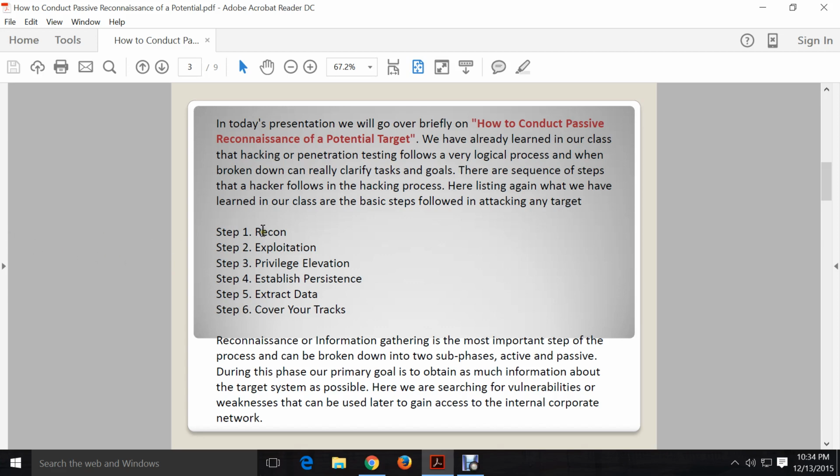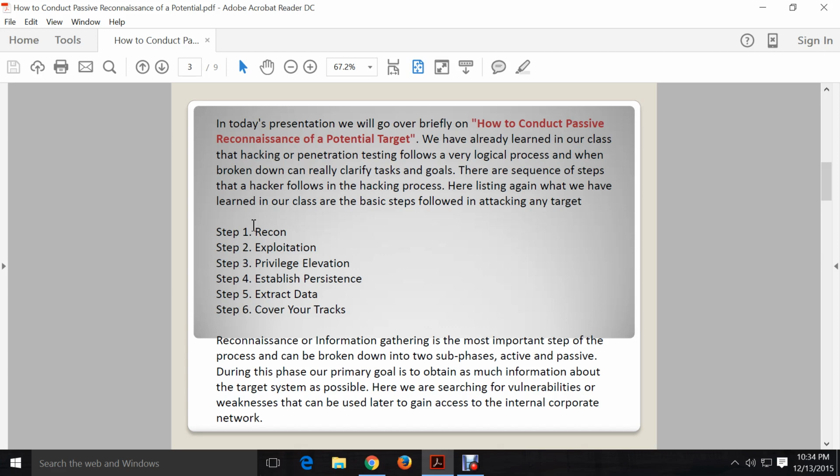The first step is recon, then comes exploitation. The third step is privilege elevation, then establish persistence, extract data, and finally cover your tracks. Recon, or information gathering, is the most important step of the process and can be broken down into two subphases, active and passive.